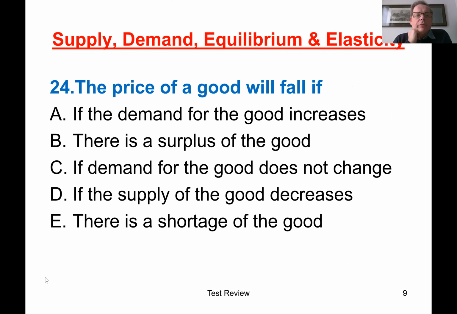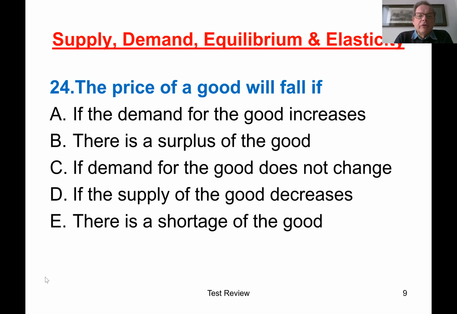Question number 24. The price of a good will fall if the demand for the good increases, if there is a surplus of the good, if demand for the good does not change, if the supply of the good decreases, if there's a shortage of the good.